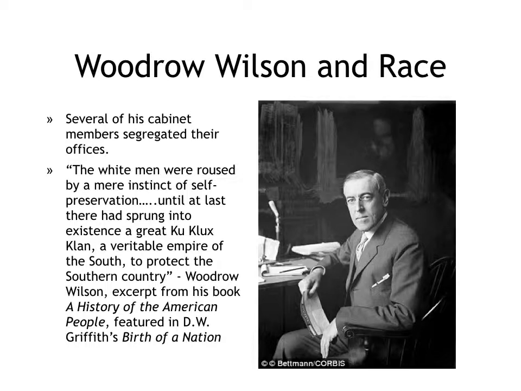He also kind of stood idly by while many members of his cabinet segregated their offices. As I said before, by the beginning of the 20th century, some of the few opportunities available for African American workers was within the federal government as bureaucrats. Wilson allowed his cabinet members to segregate these offices, create separate facilities for black and white workers.